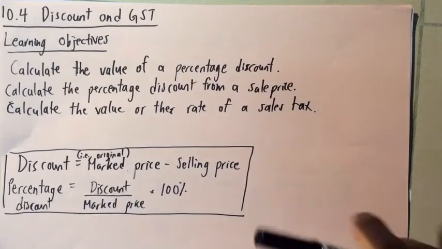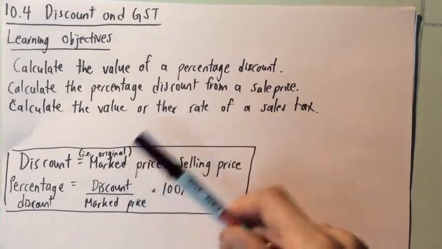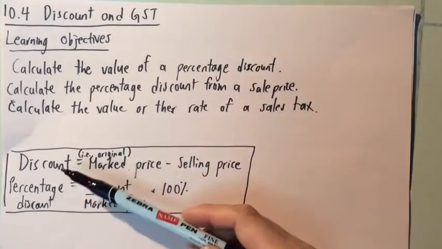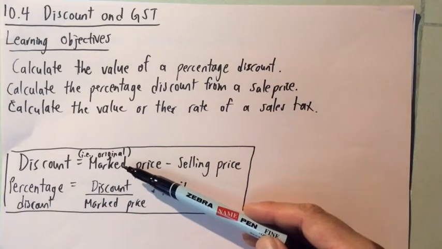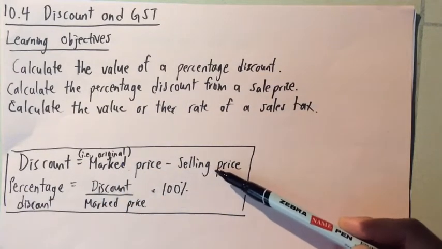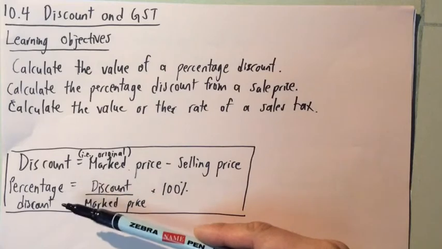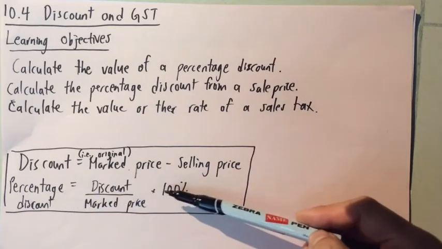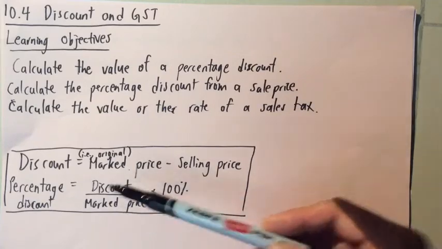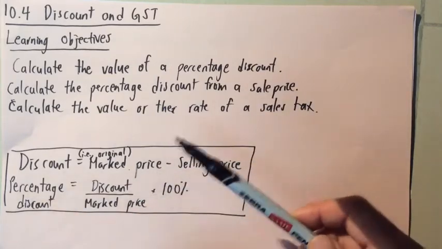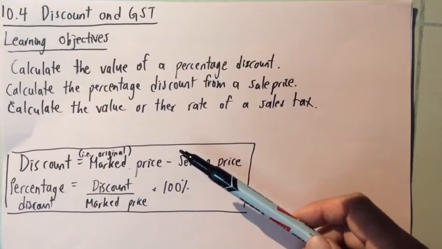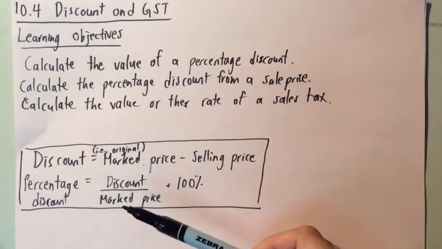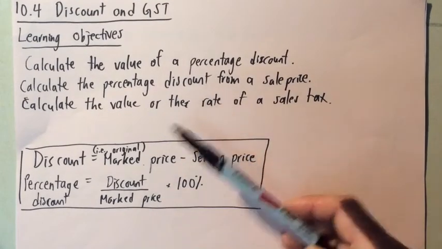Now our first formulas are right here. The discount is basically the marked price minus the selling price, and a percentage discount is the discount divided by the marked price times 100%. Now, what do you notice here? This is basically the same formula that we learned in chapter 10.3.